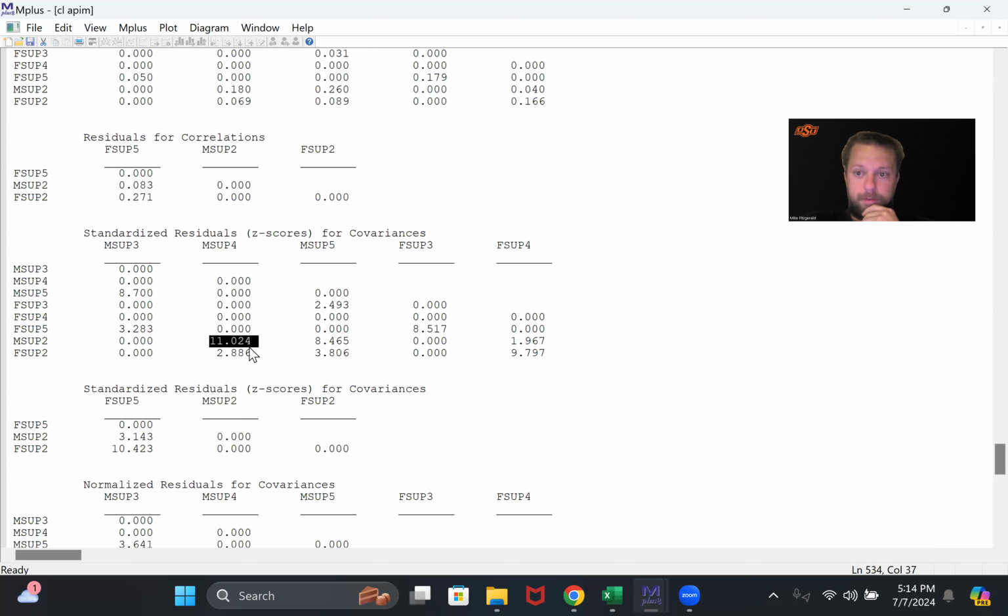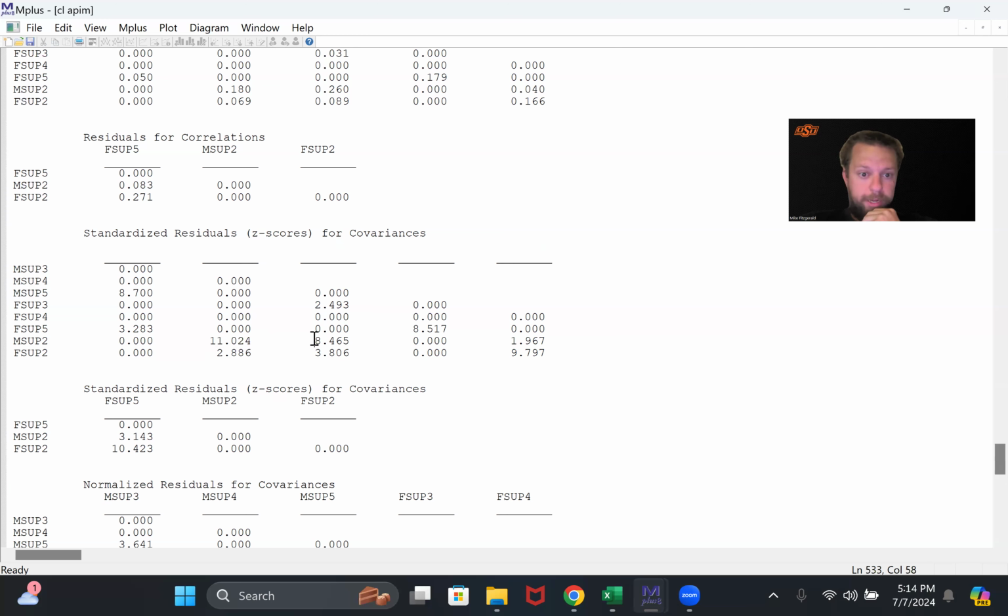And this is 5.5 times that critical value. Excuse me, that tells us we got a big problem between marital support at wave 4 and wave 2 for men. That means this association is way overestimated.